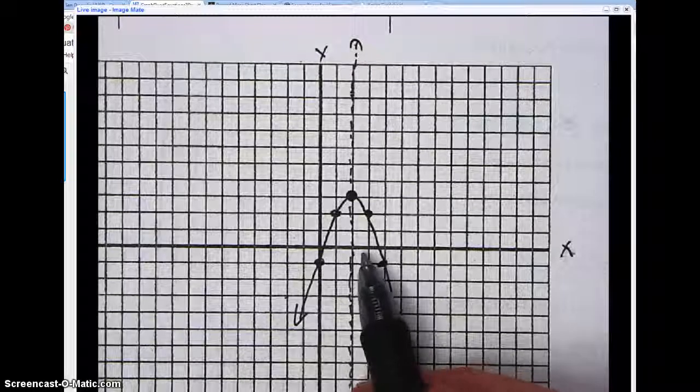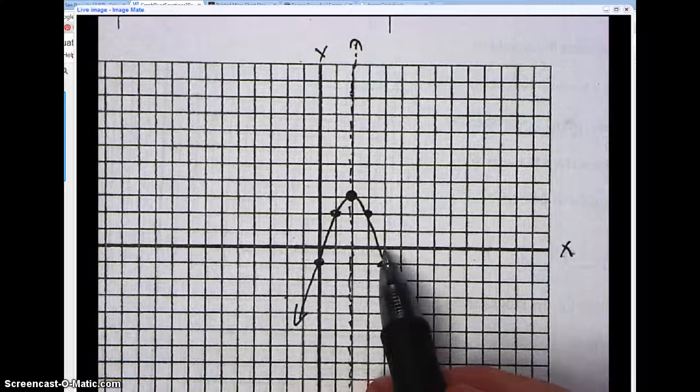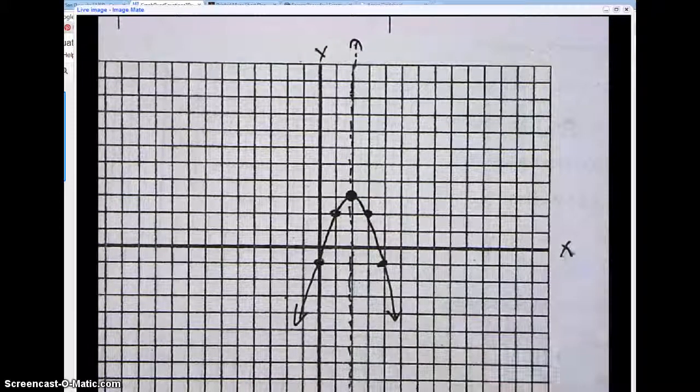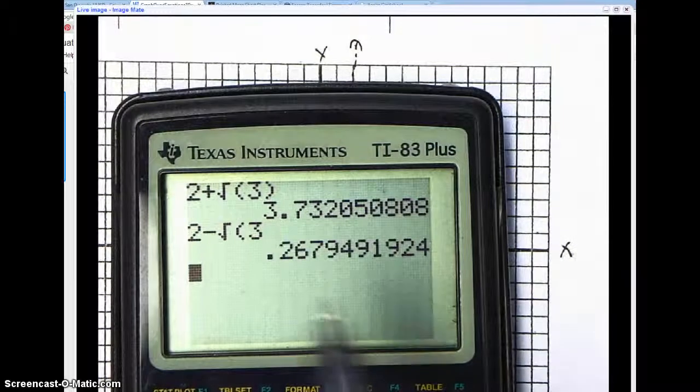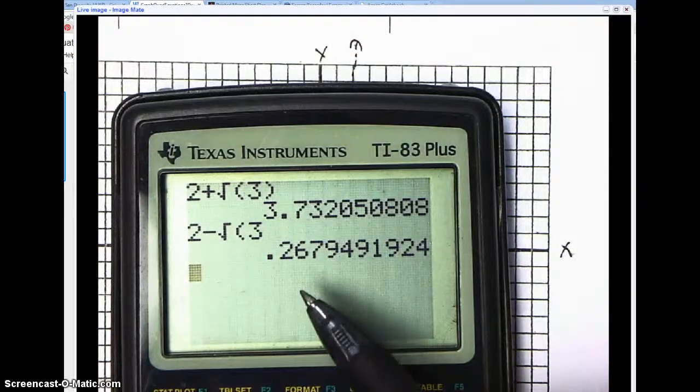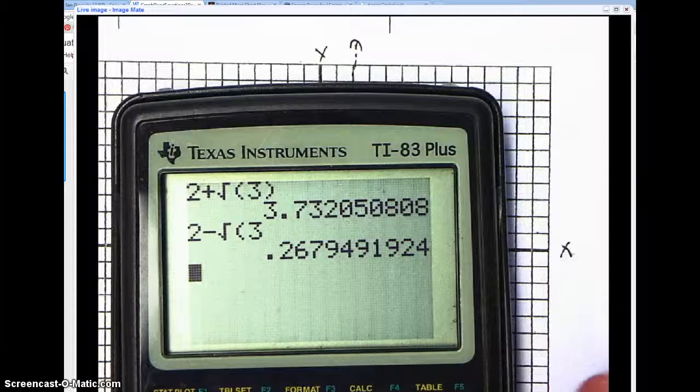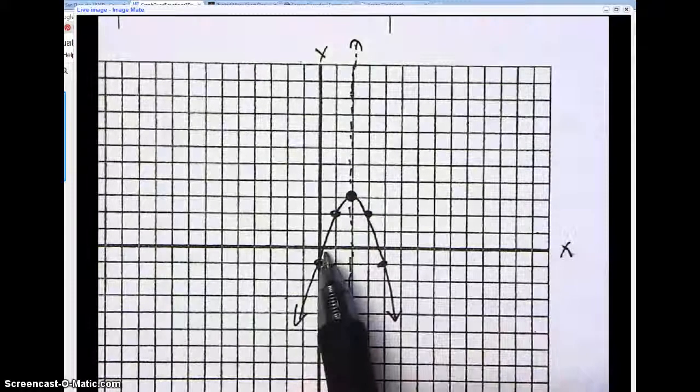Isn't it somewhere between 3 and 4? As a matter of fact, it is exactly 3.73. And guess what this one is? Instead of 2 plus the square root of 3, I can do 2 minus the square root of 3, which is 0.26. So what is that? Like a fourth, right? Between 0 and 1? Doesn't it kind of look like it? Well, it is.